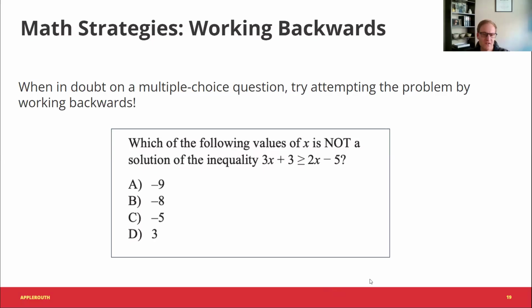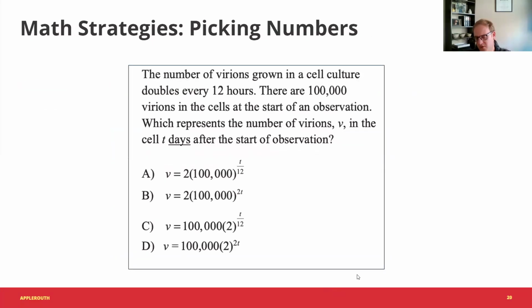Another strategy is, what if the choices look like this? Not very friendly. Big numbers, exponents, variables, yuck. This question might be one where I pick numbers and think about just a value for t. So here we're saying the number of virions, whatever that is, we don't know, we don't care, grown in a cell culture doubles every 12 hours.